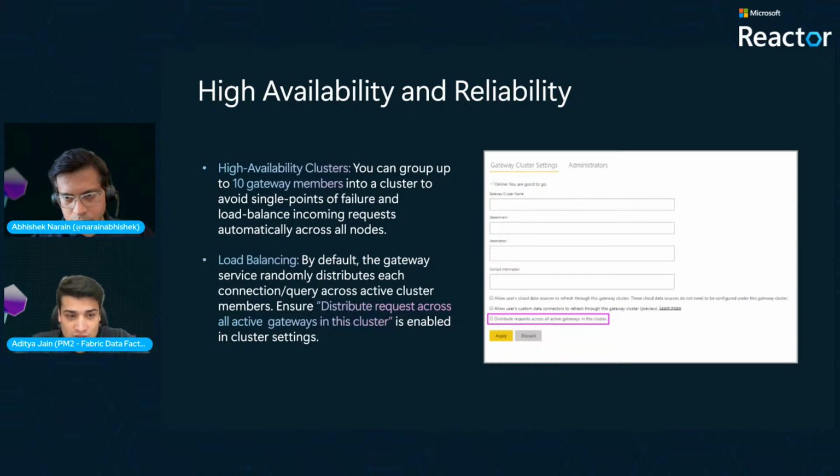And the way it works is when a user sends query and refresh requests, these are automatically distributed across all the active nodes in the gateway cluster. So if one gateway node goes down, whether due to maintenance, network issue, or maybe hardware failure, the other nodes seamlessly continue processing your original request. So this ensures zero downtime for your scenarios and uninterrupted data access.